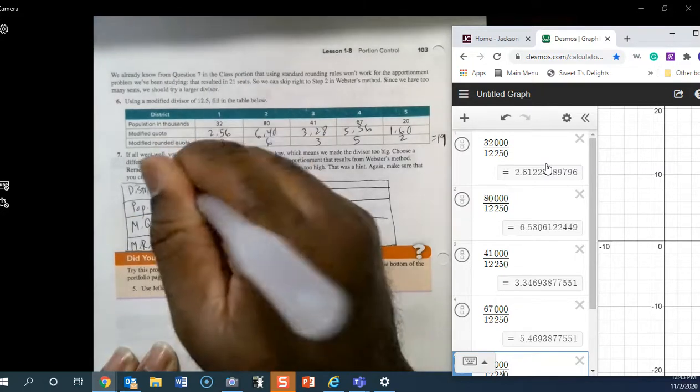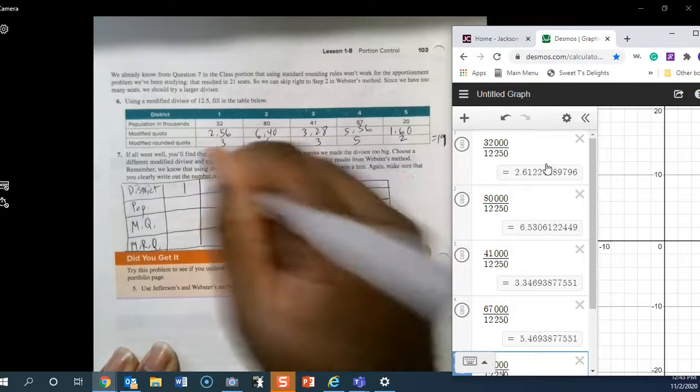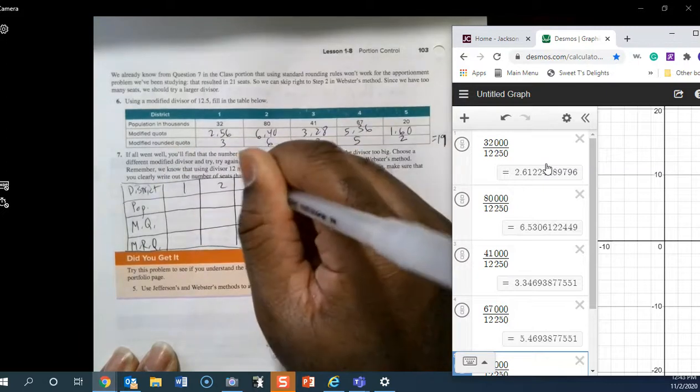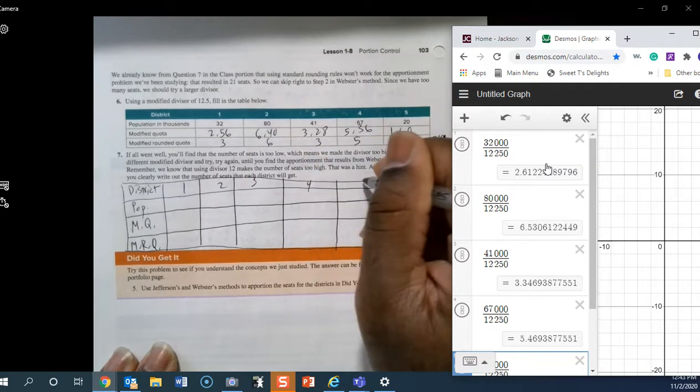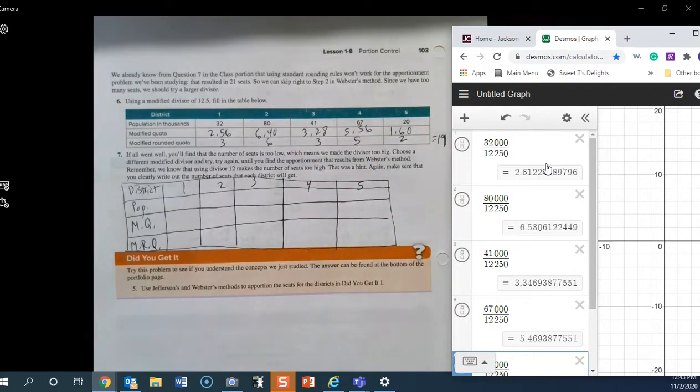So we'll do District 1, District 2, District 3, District 4, and finally District 5.